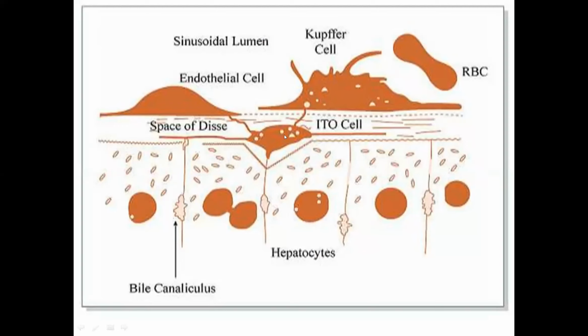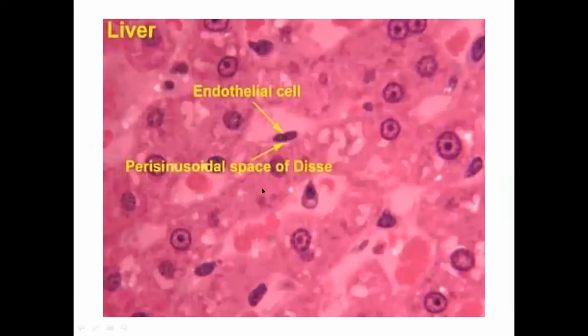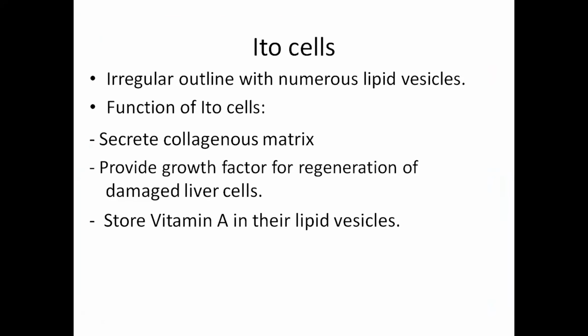They are responsible for the formation of collagenous material, as well as for the formation of growth factor, which is necessary for regeneration of damaged liver cells. They also secrete collagenous material and store vitamin A in their lipid vesicles.